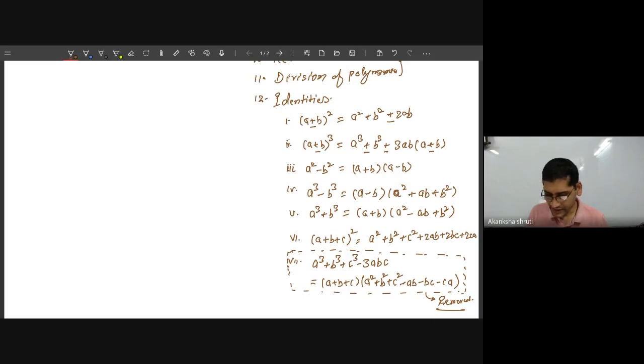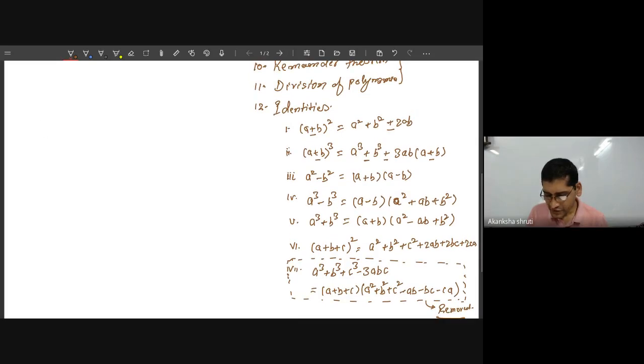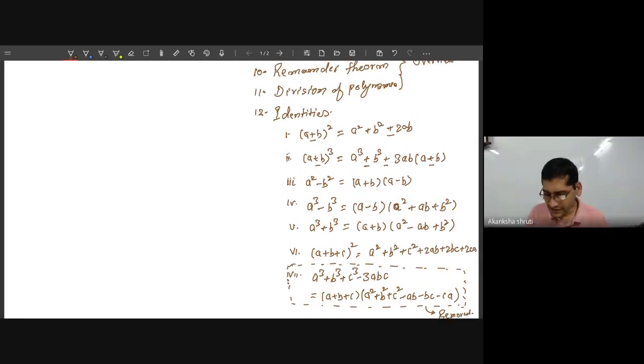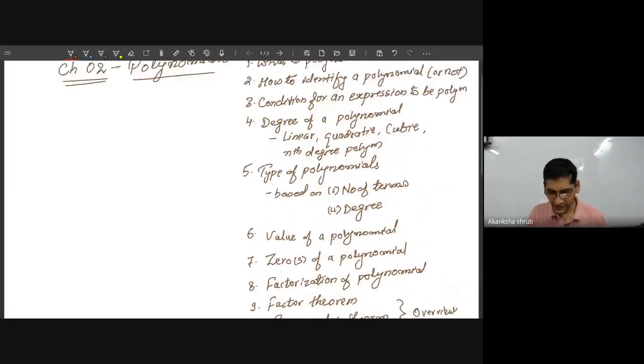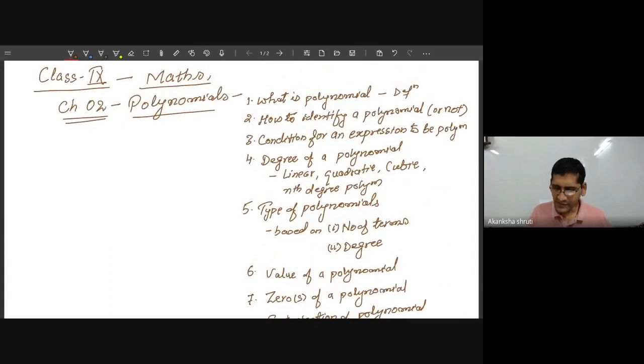These are the contents of this chapter. Based on this, various practical questions are also formed, so those things we will also discuss. Student, we will start with the definition of polynomial.